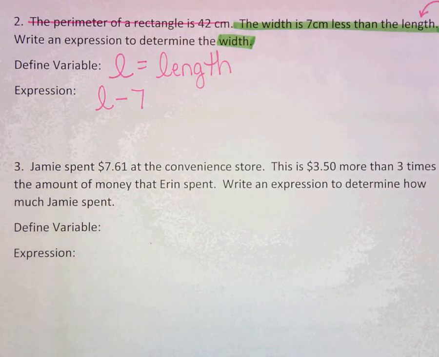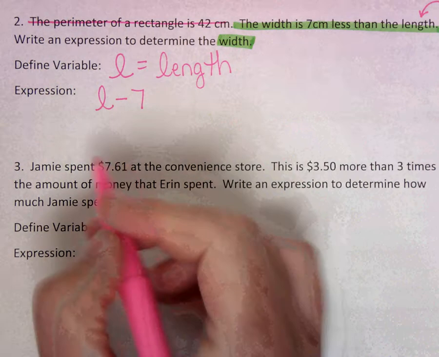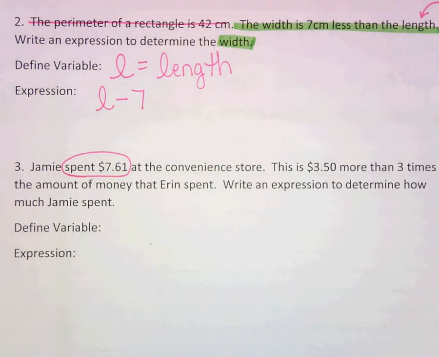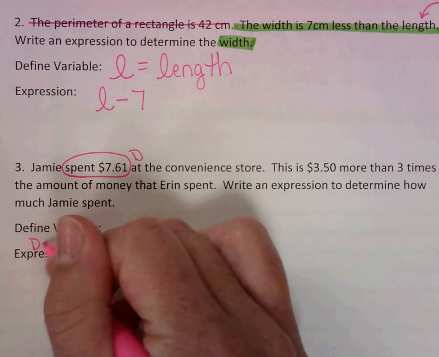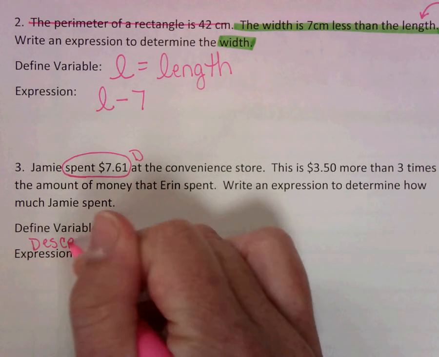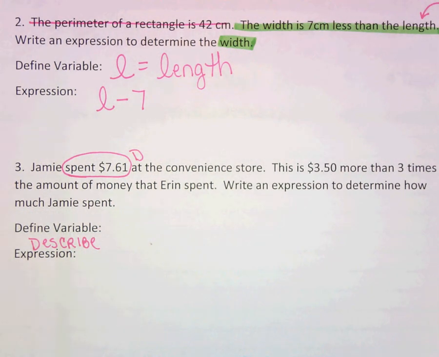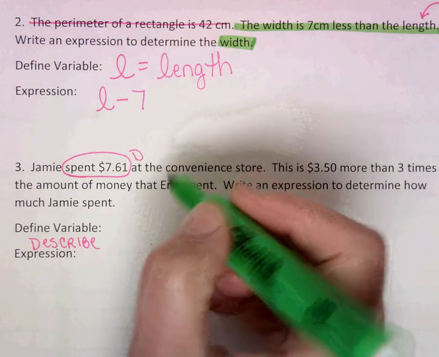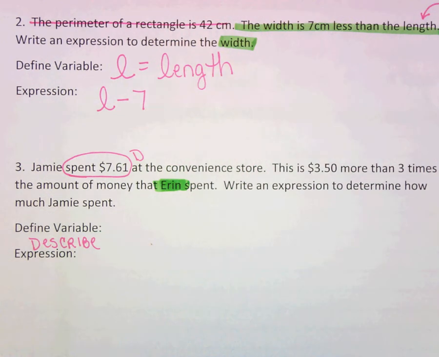I paused for a minute because that threw me. We actually know that Jamie spent $7.61, right? But we want this expression to describe how she got $7.61. So I want you to see that we're describing that in terms of Aaron.